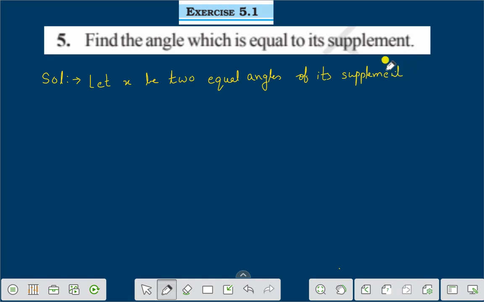I know that if the sum of two angles is 180 degrees, then we call those angles supplements of one another. Let x be two equal angles of its supplement.